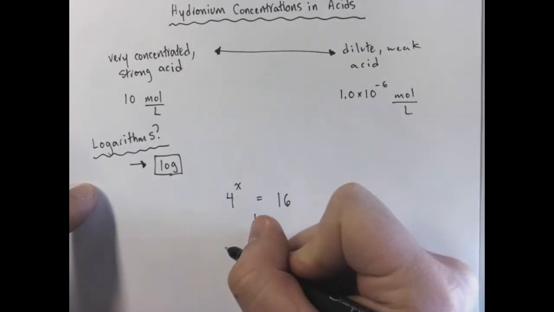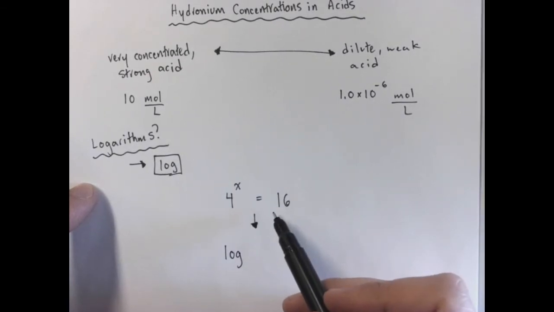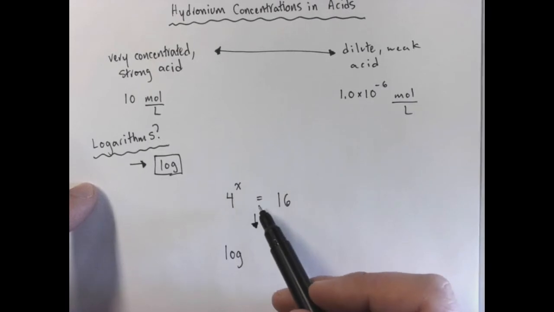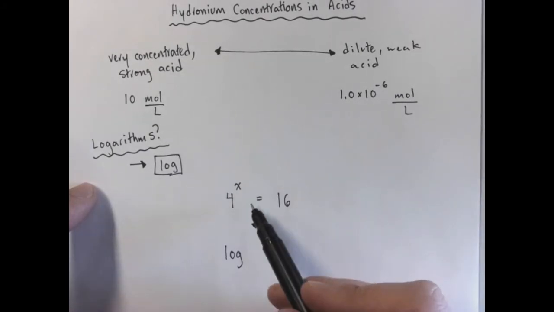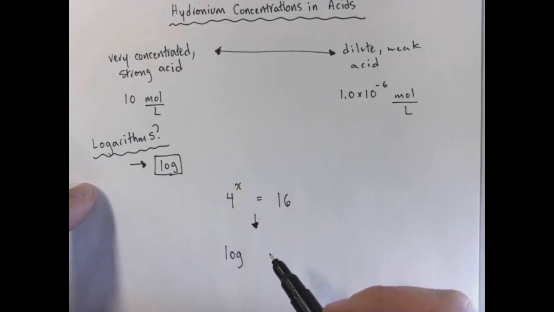So a logarithm is a little bit like solving this equation for x. We can't solve this equation for x by addition, multiplication, division, subtraction, reverse order of operations. In order to solve for x here, we actually have to use a logarithm.